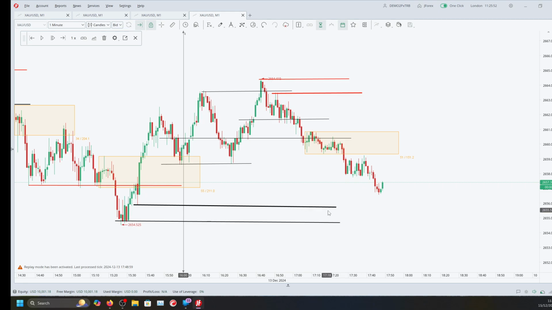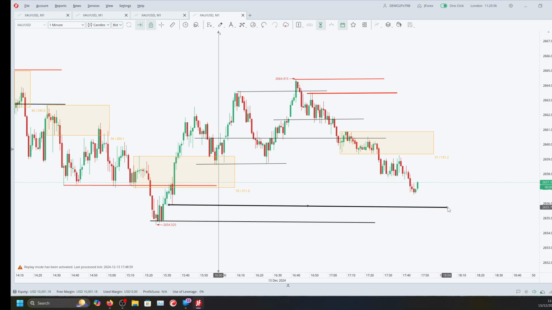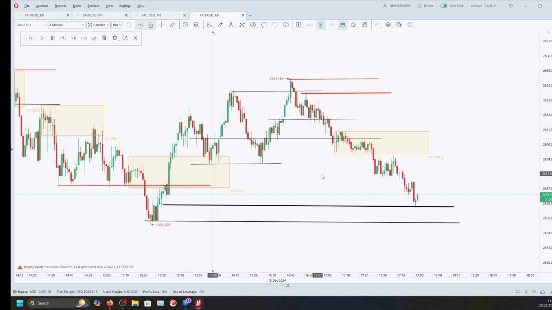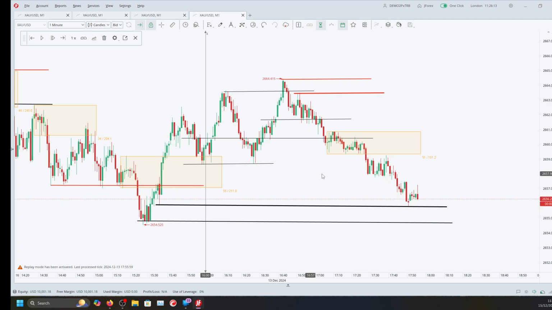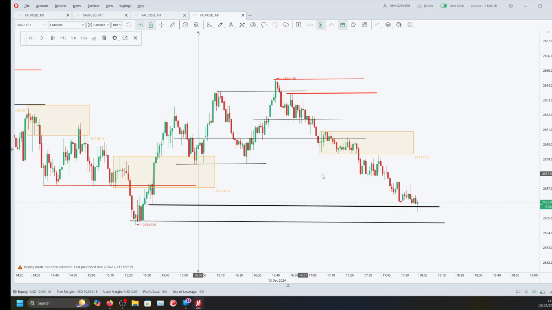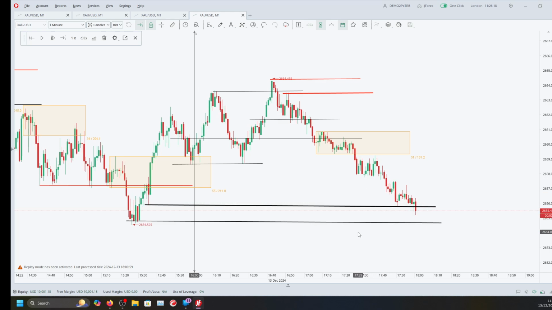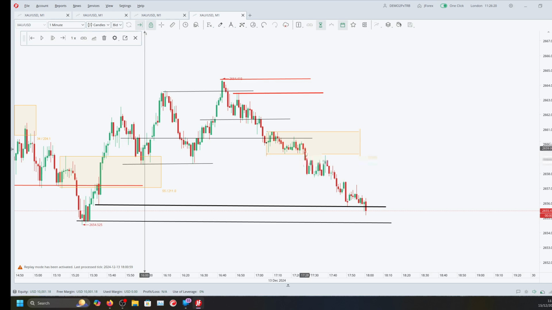Now I'm looking at price coming back to these lows. I'd want to be going short, getting out before these lows. So short coming out of here.